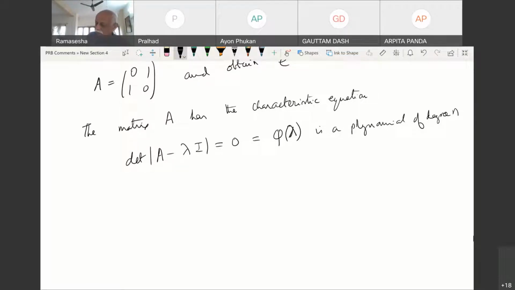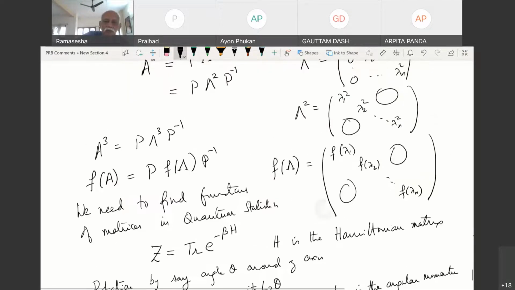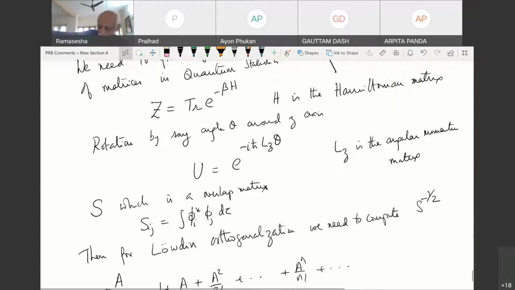Right? Now, let me find out what is P of A. That is given by P of the lambda matrix times P inverse.